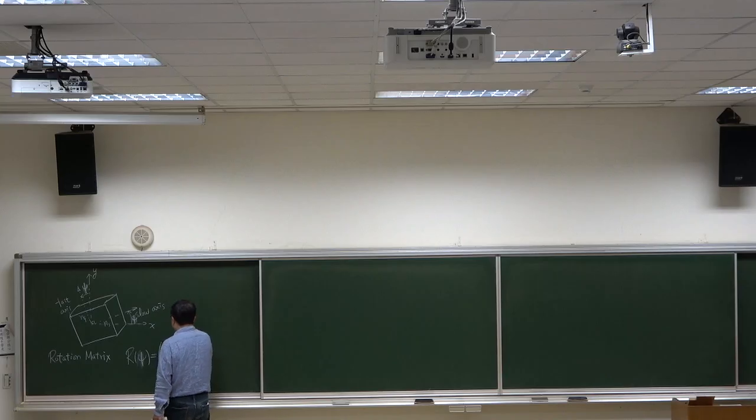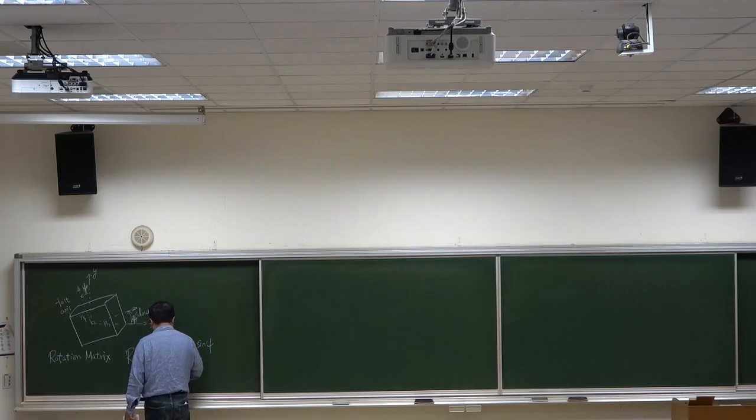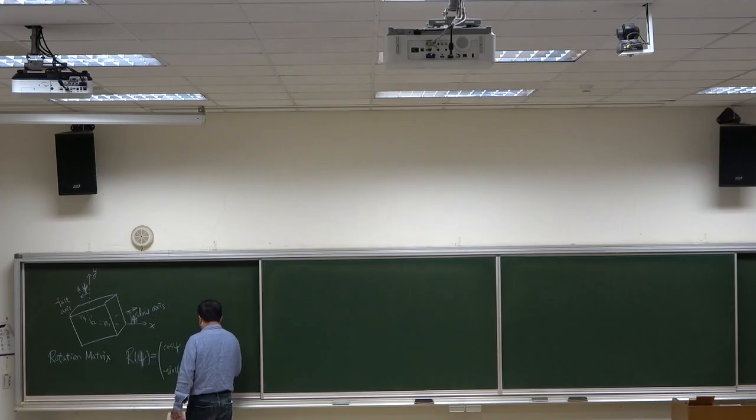R psi is written as cosine psi, sine psi, minus sine psi, cosine psi. Okay.